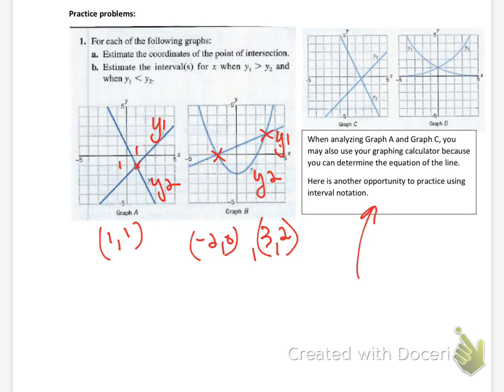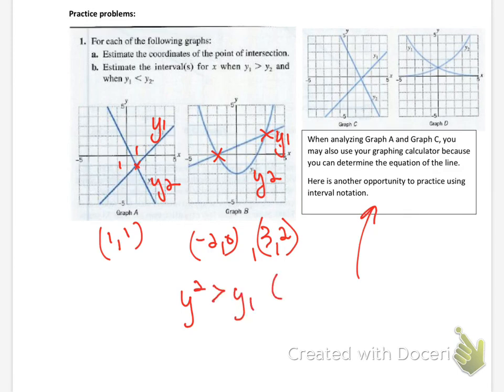They're both equivalent. So if I were to say, for example, with graph B, I want to know how the two graphs, y2 and y1, are related, I can say that y2 is greater than y1.